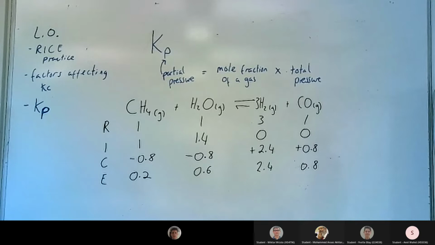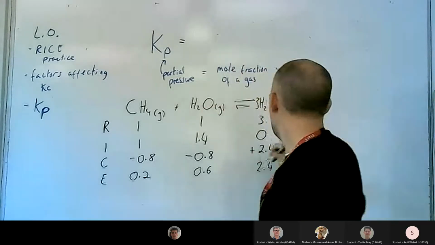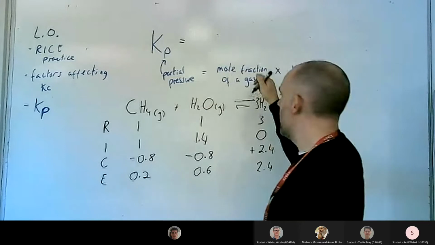It's the next bit which is different, because when we work out Kp, we do it in the same way, but we don't use concentrations, we use partial pressures. So Kp for this reaction, you still have products on top.